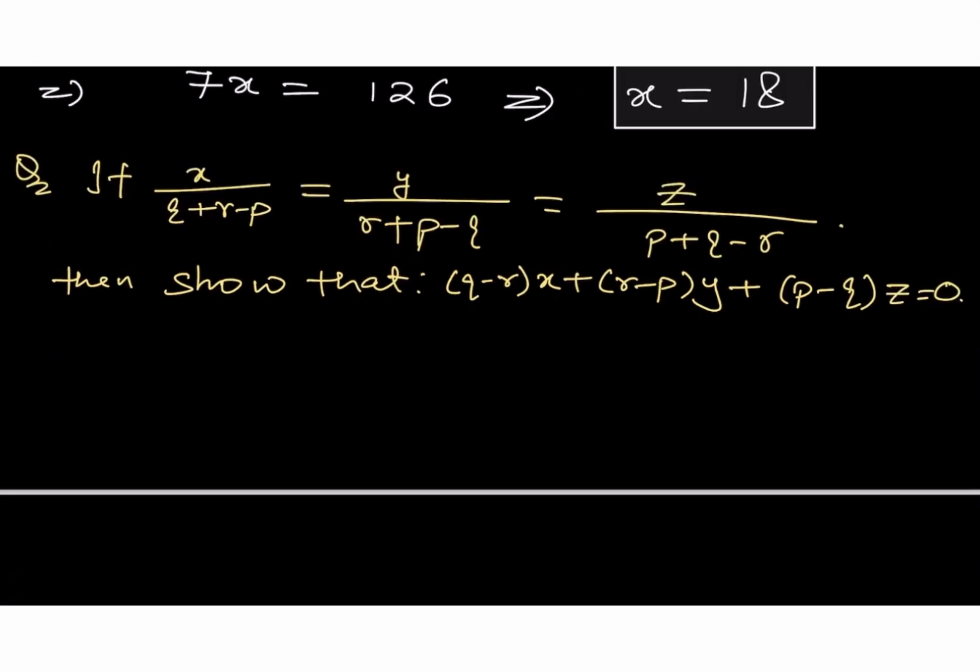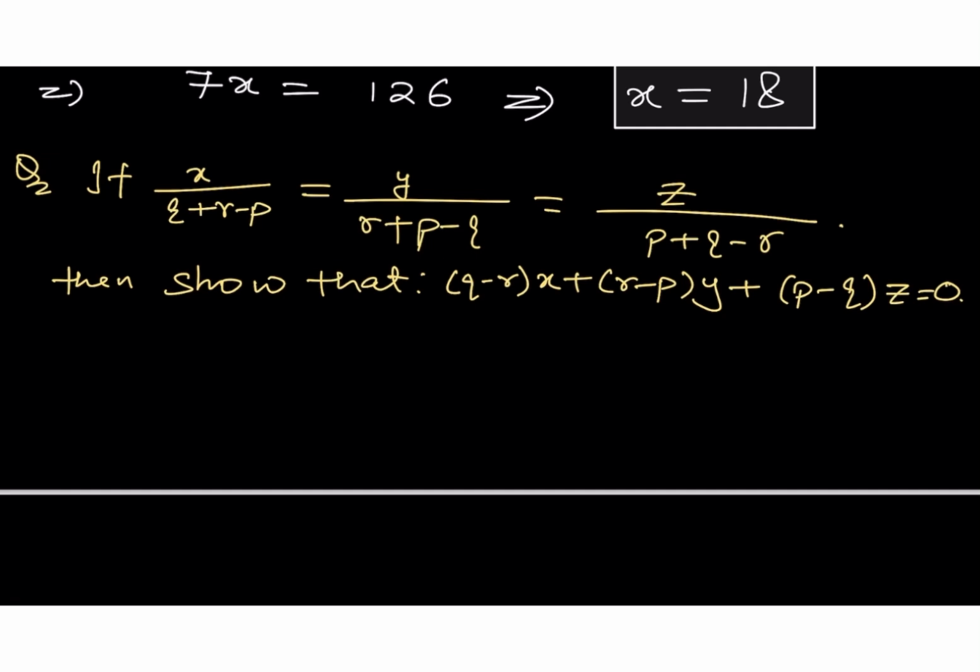So students, this question is based on point number 6, which we have discussed in last class or in the last video. What this point says, if we are given a series of ratios, then each ratio will be equal to the sum of the numerators divided by sum of the denominators of the given ratios, right?